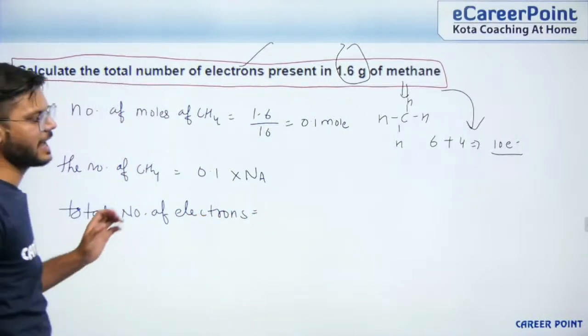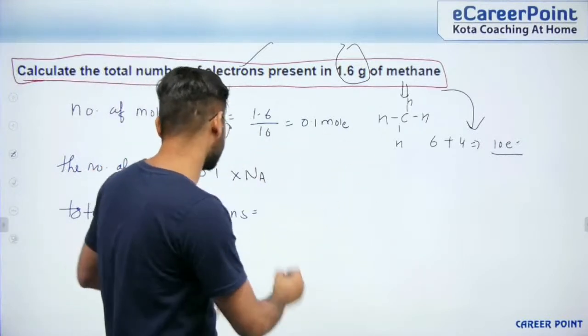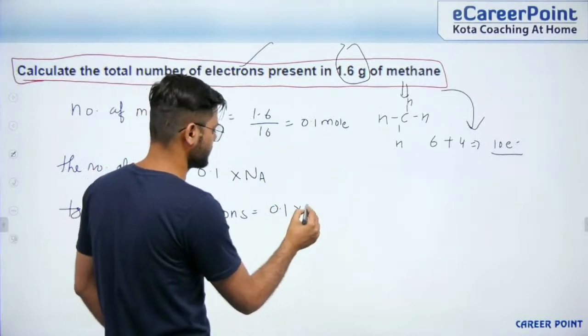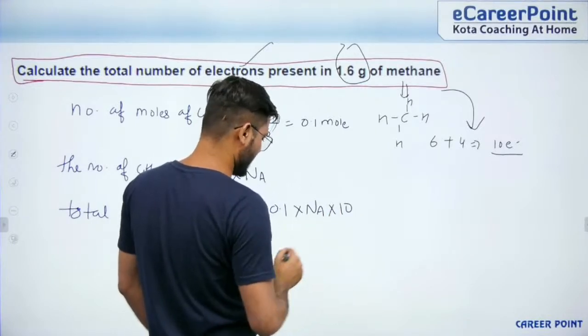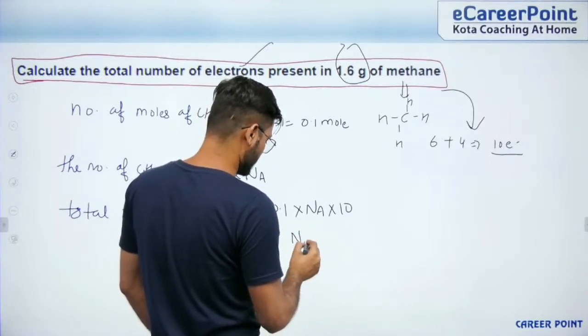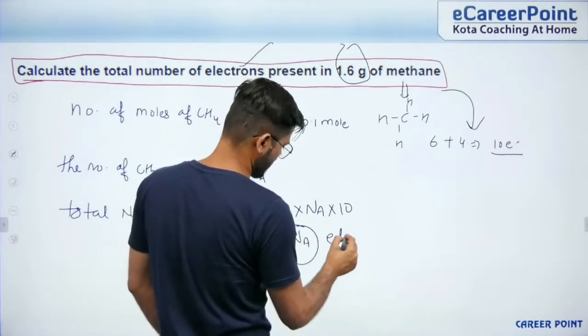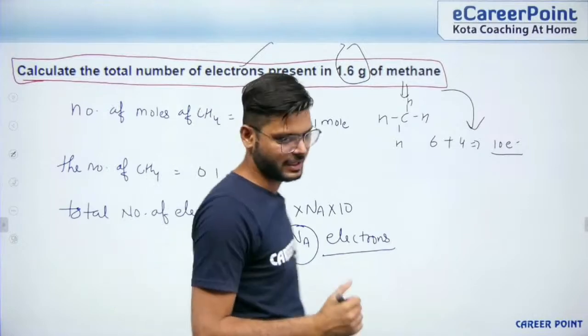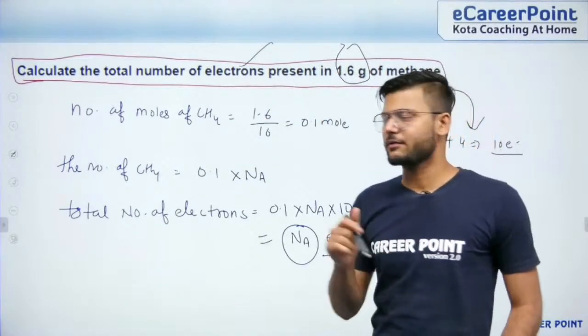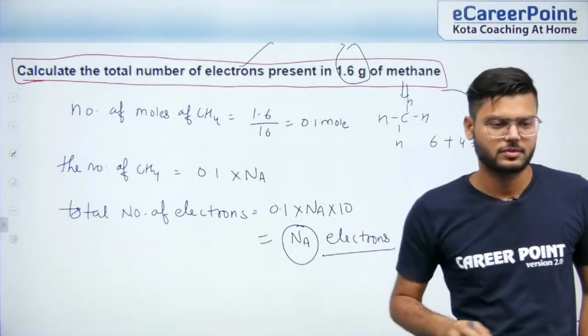See, one methane has 10 electrons, so this much methane will have 10 multiplied by Na electrons. So it will have Na electrons. Is there any doubt? If you have not understood this question, let me know.